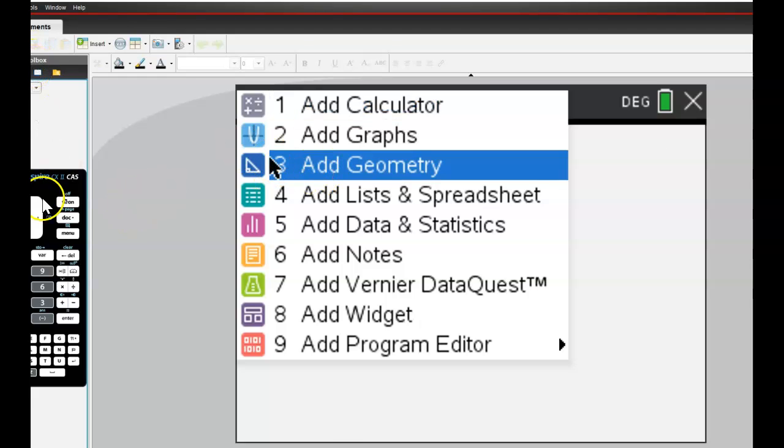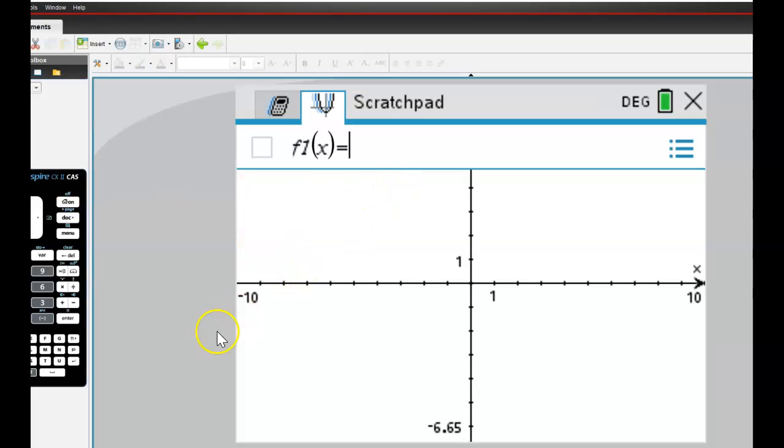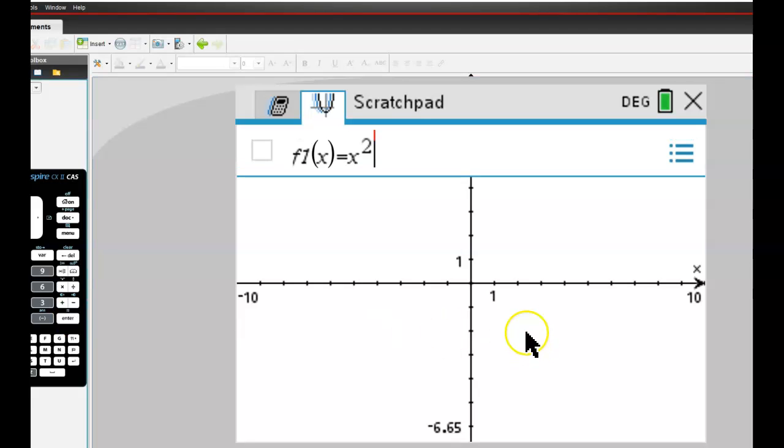Okay, if I go to my calculator right here, I'm going to go to the graph. And if I graph the function, say, x squared, I am going to get a parabola, obviously.